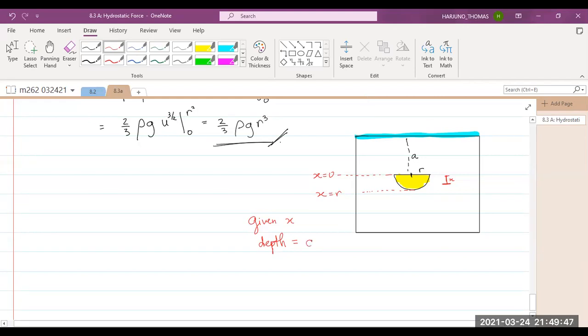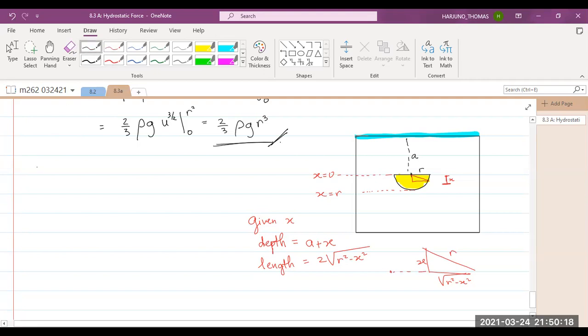Now the length, however, is still 2 square root of r squared minus x squared, right? That's the same triangle we have. This is x, this is r, this is square root of r squared minus x squared, and then you double it.